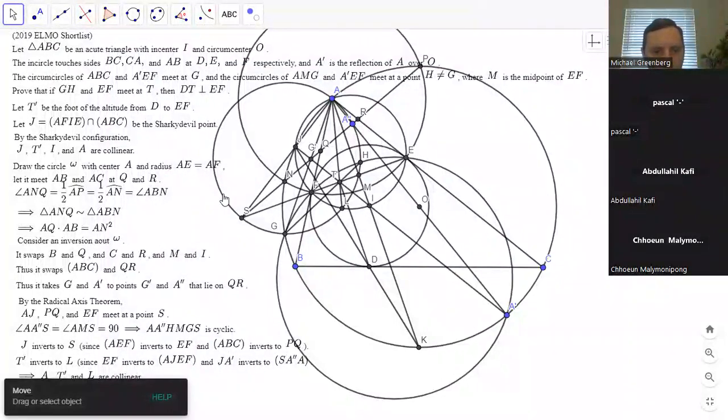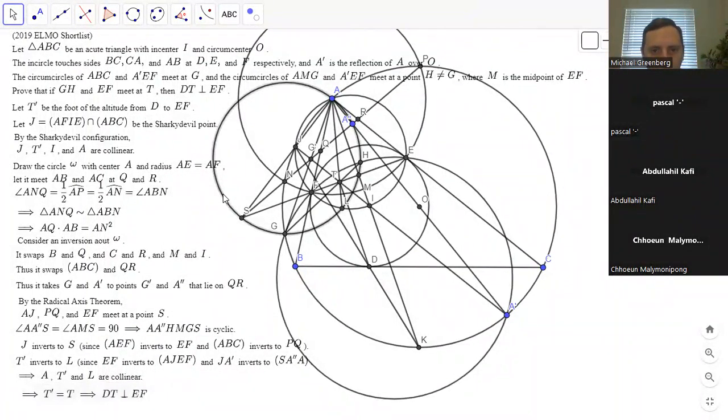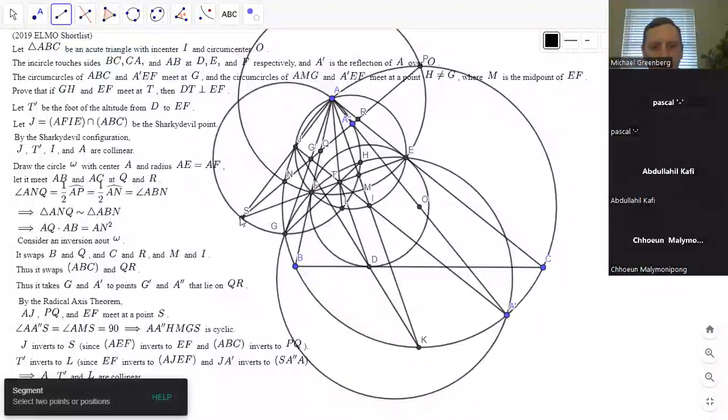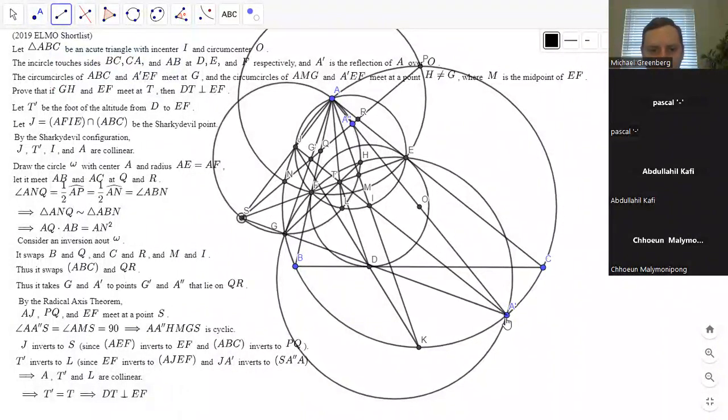So A double prime MS is cyclic, and G is the intersection of AMG and A prime EF. So maybe we can use the radical axis theorem to show that these are also collinear. I think that might do it.